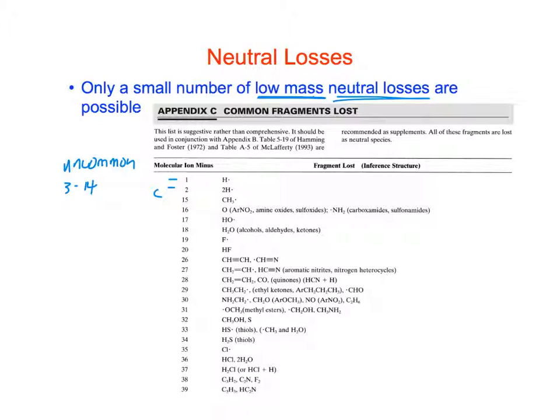If we go on up, we see 15 we could lose, 16 are some combinations here, 17 is an OH, 18 is water, you can sometimes get dehydration types of reactions, 19 is fluorine, 20 is HF, but there's a gap right here again, 21 to 25 are uncommon losses.